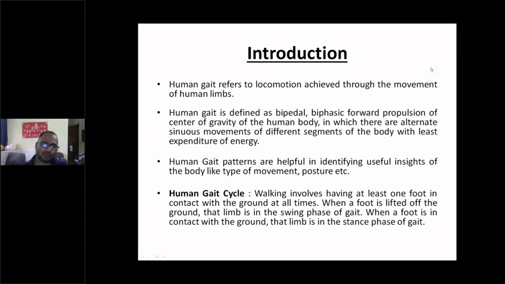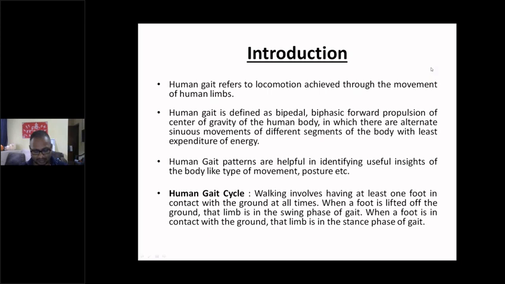So human gait refers to the locomotion achieved through the movement of human limbs. Limbs mean the left and right leg. Whatever motion you achieve with the help of two limbs is referred to as human gait. And human gait is defined as bipedal.